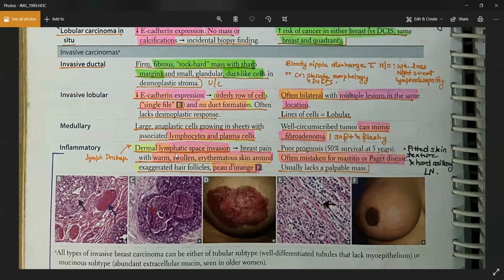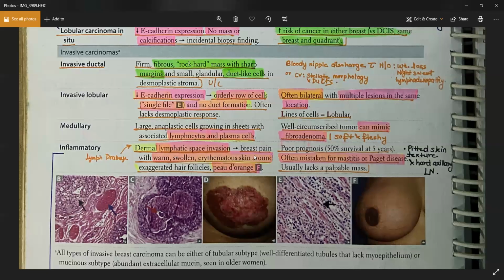These cancer cells are invading my basement membrane, entering my lymphatics. When they metastasize via lymphatics, they can even block the ducts of the lymphs, right? So if the lymphatic ducts are blocked, then you cannot have lymph drainage. If the lymph drainage is not there, you will get a lymphedema of the breast, right?